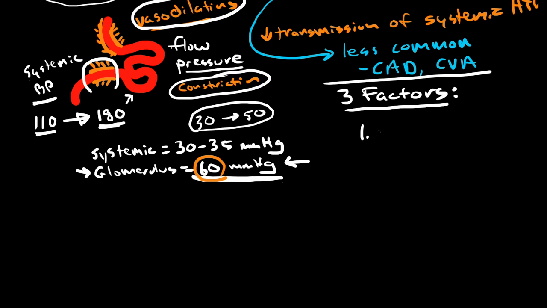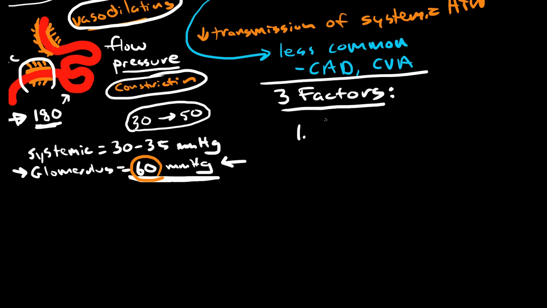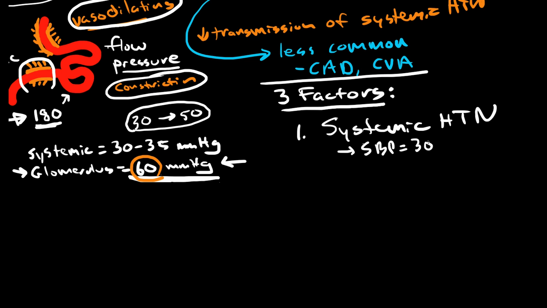First, there is the degree of systemic hypertension. Right, so a person with a systemic blood pressure like President Roosevelt had back in the 1930s before we had good treatment, with a systolic blood pressure northwards of 300, versus a person that has moderate hypertension of 145, obviously is going to have more barotrauma to their glomerulus.